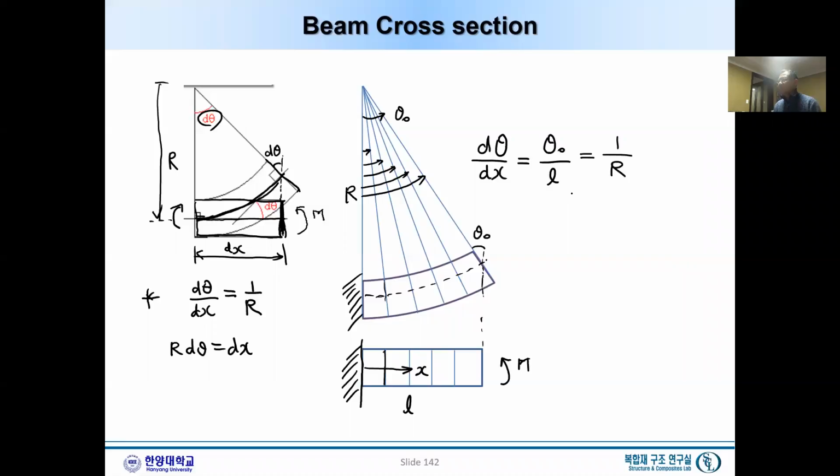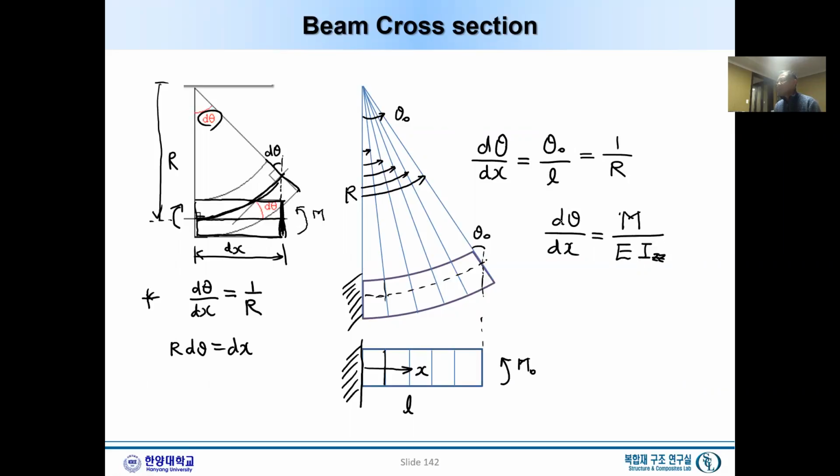And after beam theory, what we observed was that d theta dx is the moment M, which is the applied moment. We can say M0 is applied at the cross section at x equal L, and E I is the flexural rigidity with the moment of inertia.